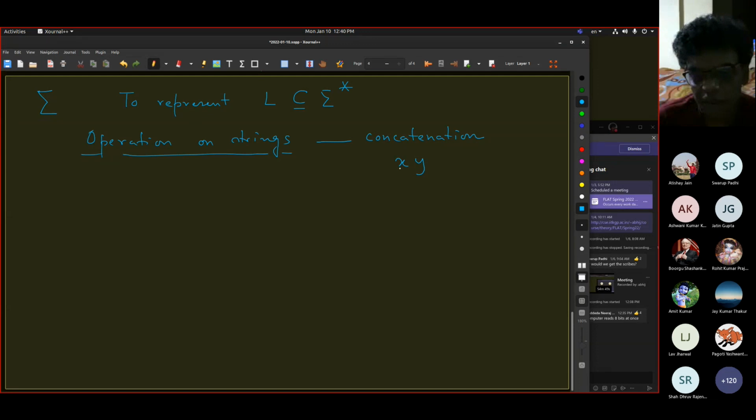X and y are finite strings, and therefore their concatenation is also a finite thing. This operation is not exactly a good arithmetic operation. It is associative, no problem, but not commutative.